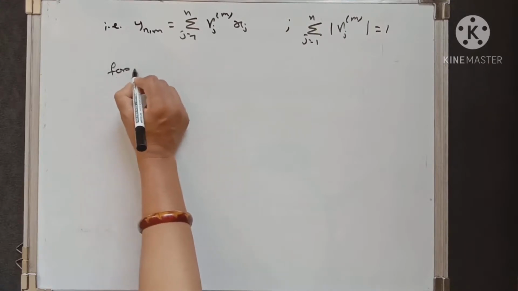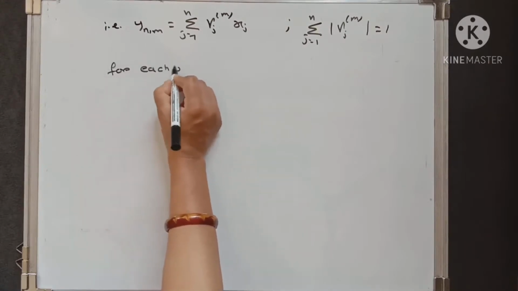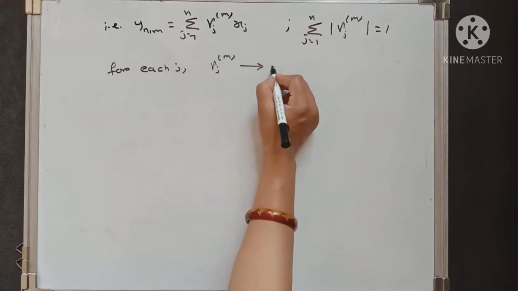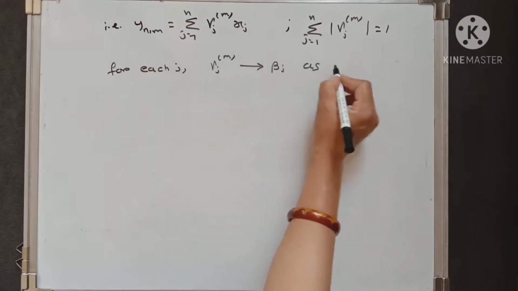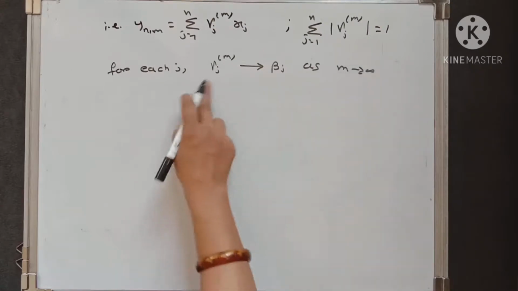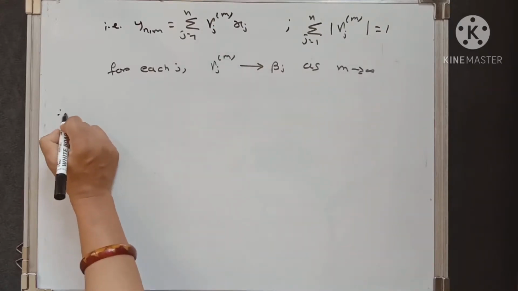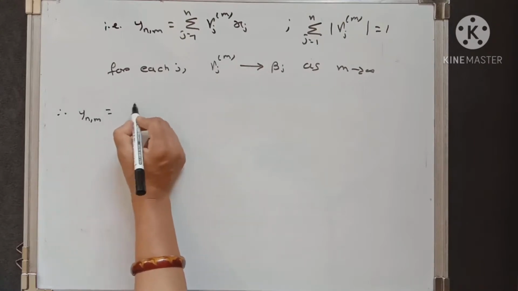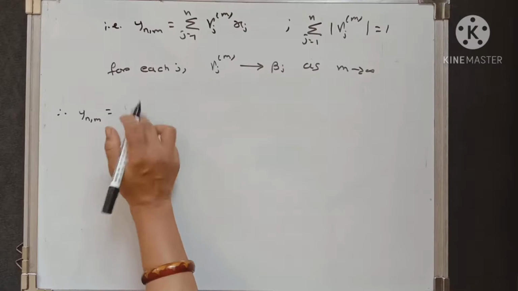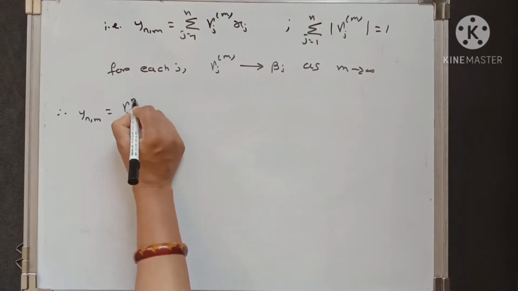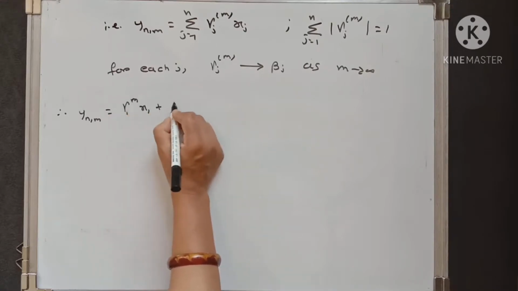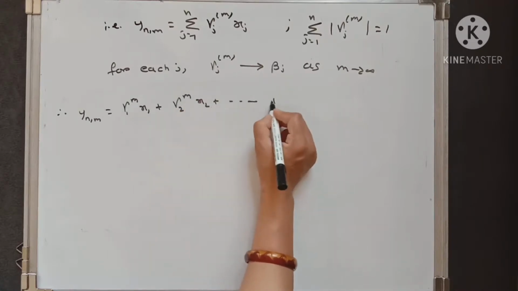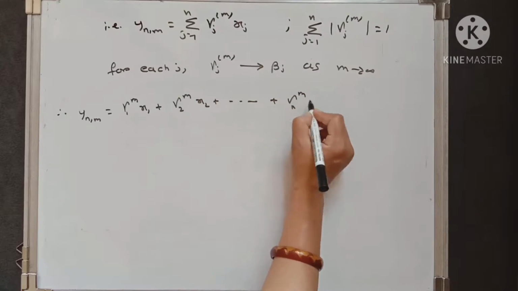For each j, gamma jm converges to beta j as m goes to infinity. Here we observe that, and therefore ynm equals gamma 1m x1 plus gamma 2m x2 up to gamma nm xn.